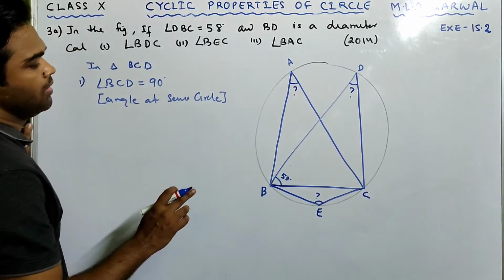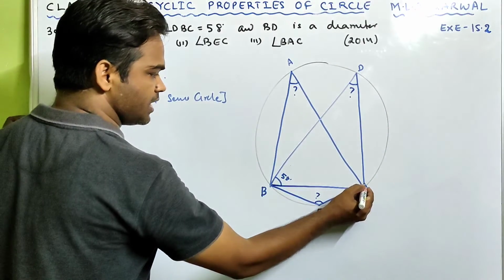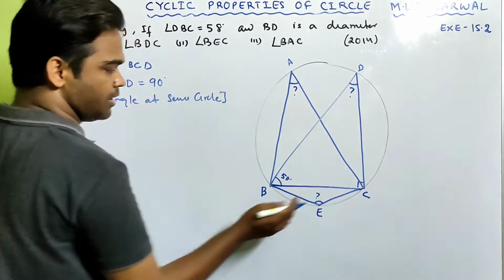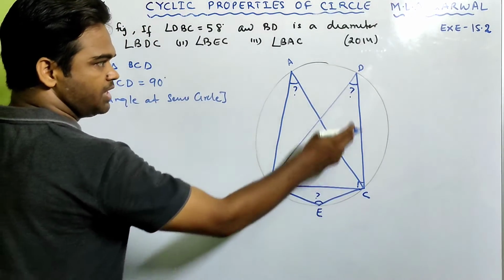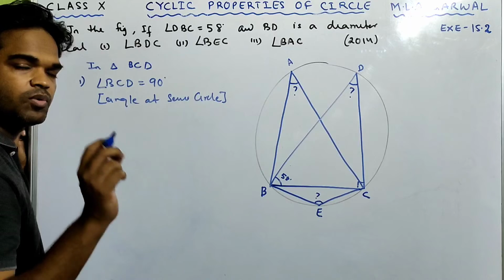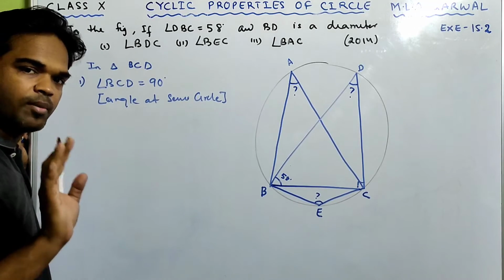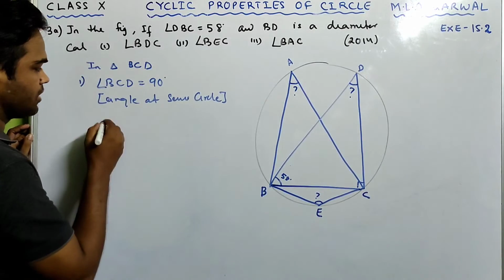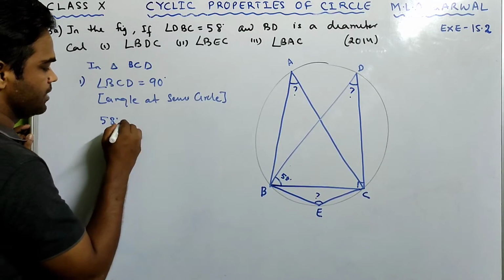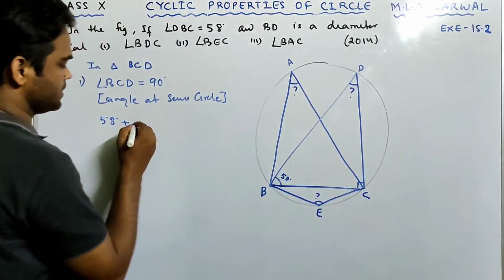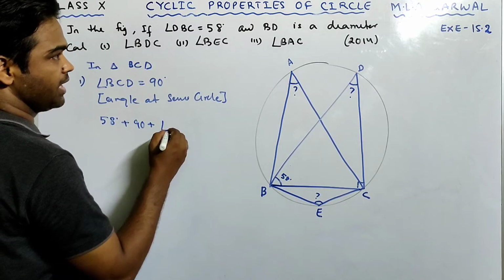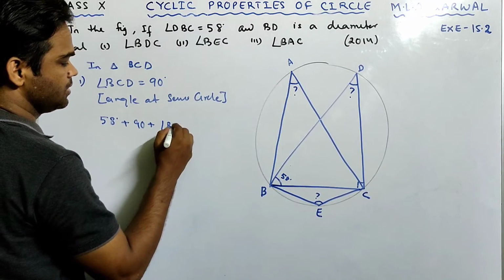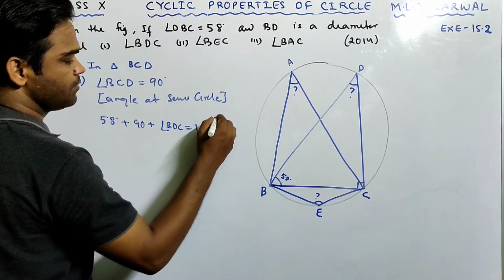Done. Then look carefully. If this is 90, now in this triangle 58 plus 90 plus this angle will be equal to 180. Angle sum property, which means in triangle BCD, 58 degree plus 90 plus angle BDC is equal to 180.